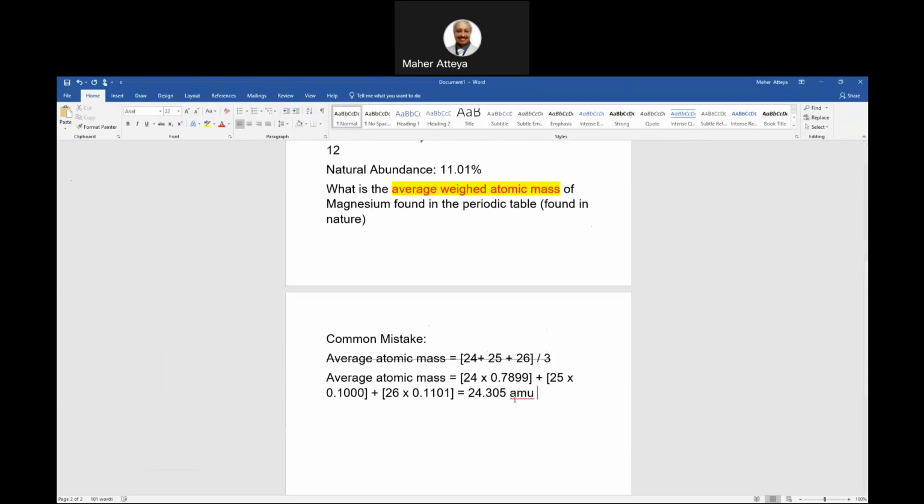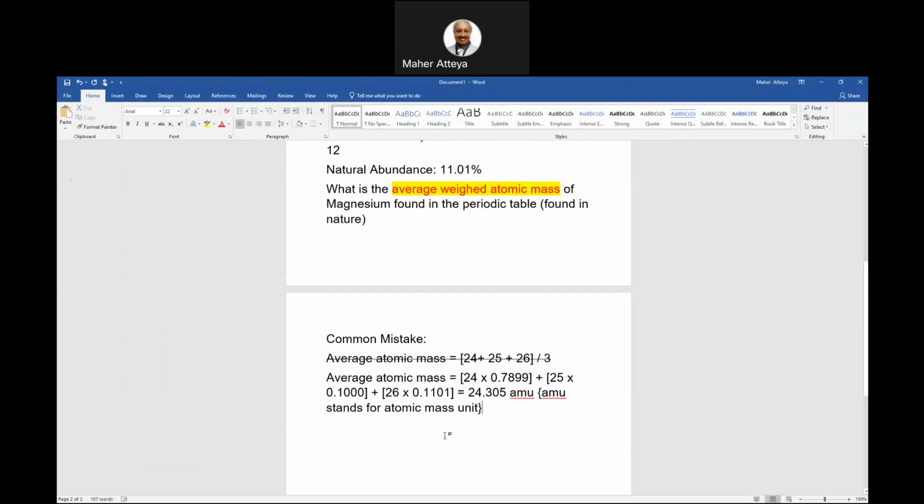AMU stands for atomic mass unit. So guys, can you see that here? Can you see the example?